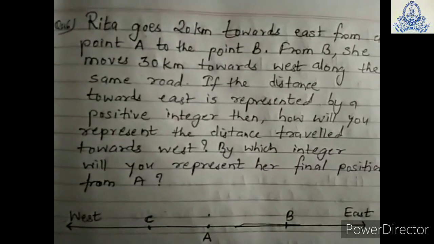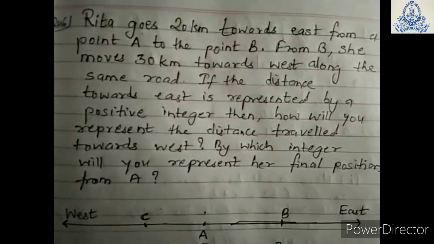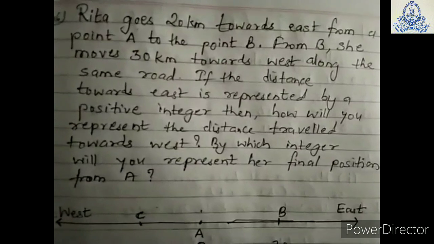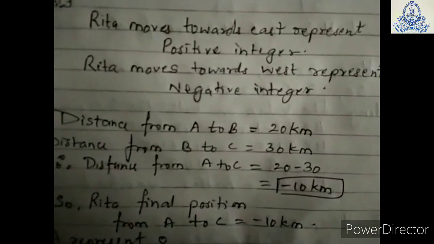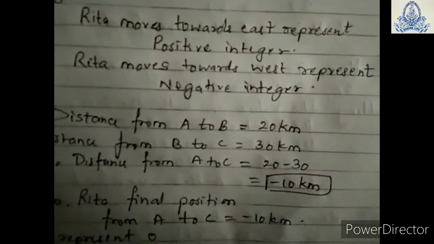According to the question, Rita moves 20 km towards the east direction, which is represented as a positive integer. So Rita's movement toward the east represents a positive integer. In the same way, Rita's movement toward the west direction represents a negative integer.